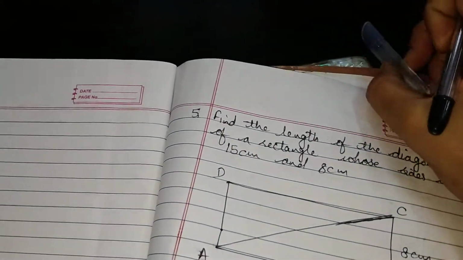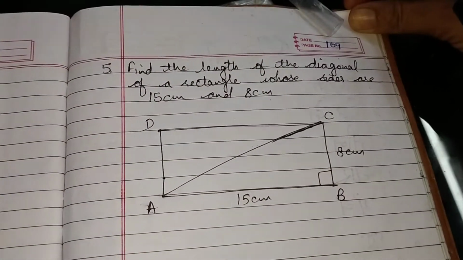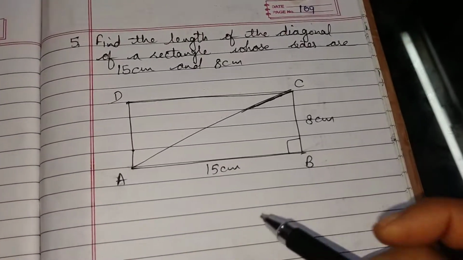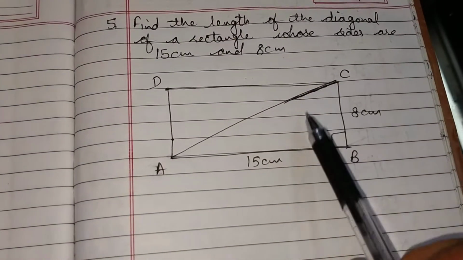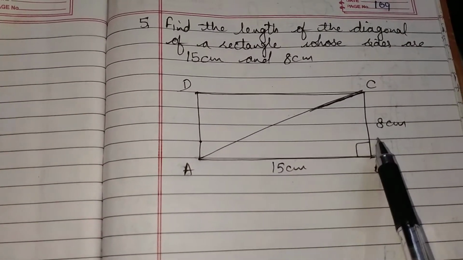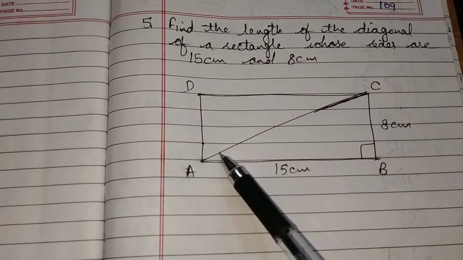One more question, question number 5. Find the length of the diagonal of a rectangle whose sides are 15 centimeter and 8 centimeter. The length and breadth are given, and you have to find the length of the diagonal.